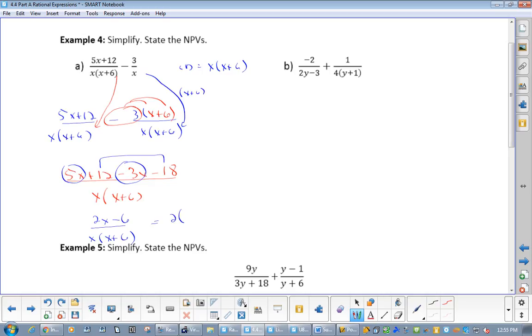Good. Leaving me with x minus 3 all over x times x plus 6. Now this time it didn't really do much for us because we can't cancel anything. But you still have to try it. And then you want to do your non-permissibles. x cannot equal 0 and negative 6.